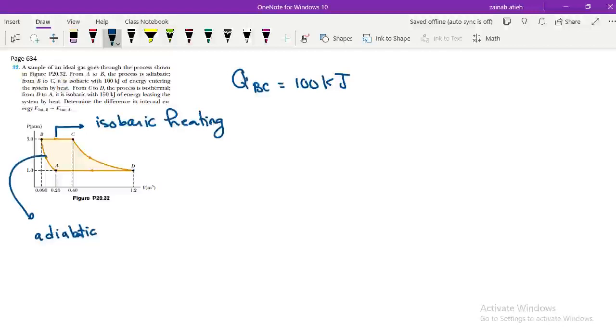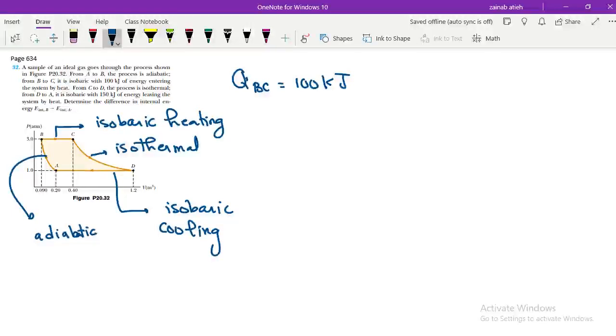Down in DA, for example, this one is an isobaric cooling. So without him telling me that Q_DA is negative, it must be negative. Okay, so this one is an isobaric cooling. Let me complete reading the given. So from C to D, the process is isothermal. So this one is isothermal.